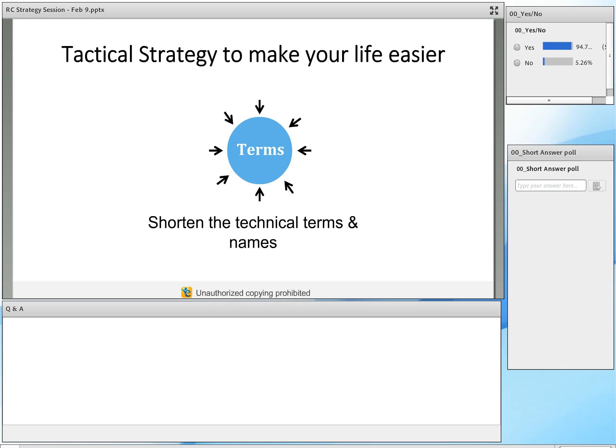Many times the author uses long technical terms just to throw you off, to act as speed bumps as you're reading the passage. To avoid that, you need to shorten the technical terms so that you make the passage easier to read.